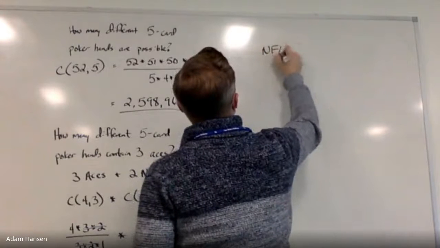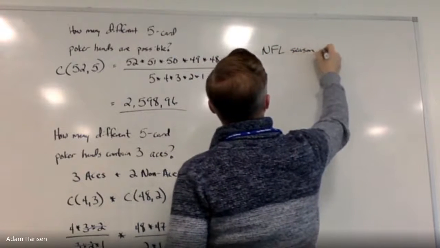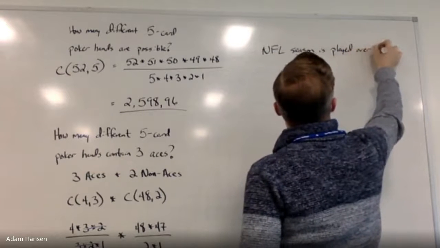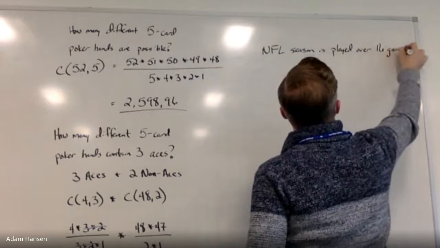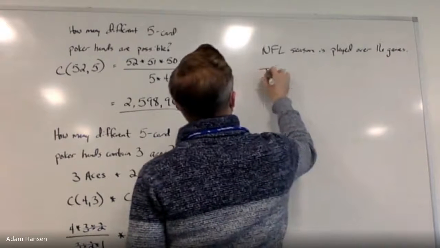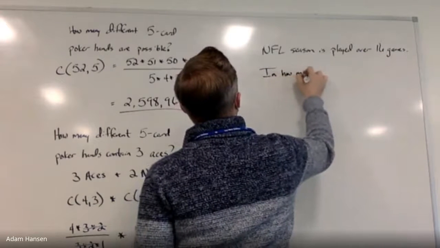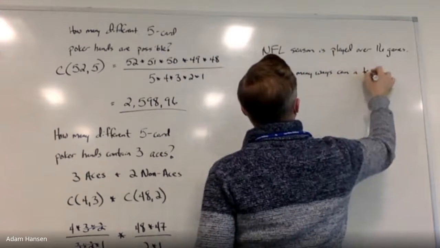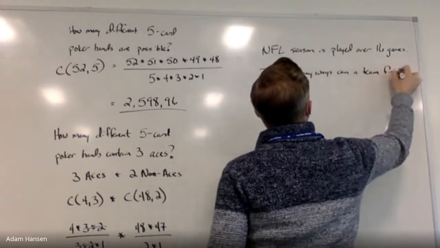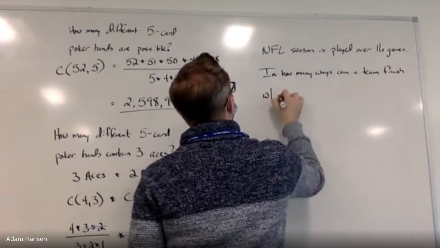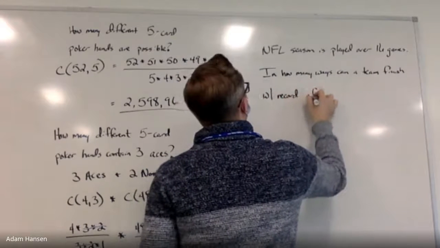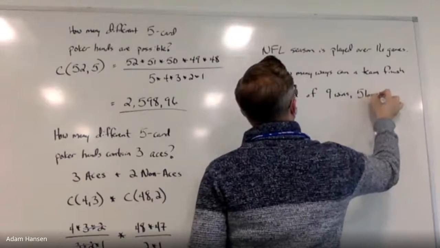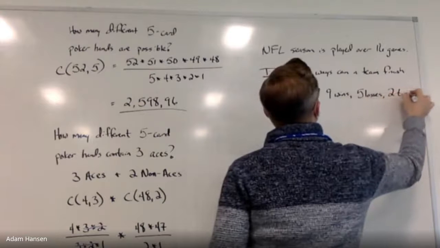So we've got this. An NFL season is played over 16 games. In how many ways can a team finish with a record of 9 wins, 5 losses, and 2 ties?